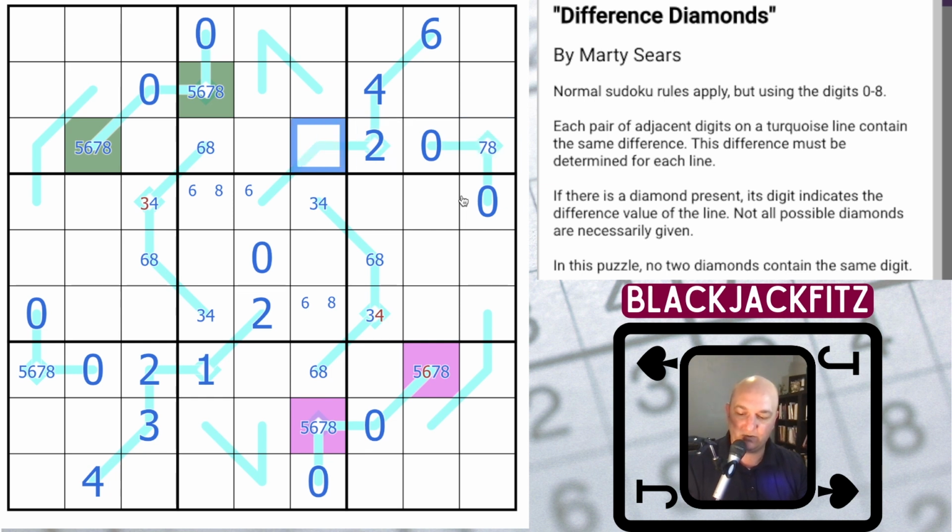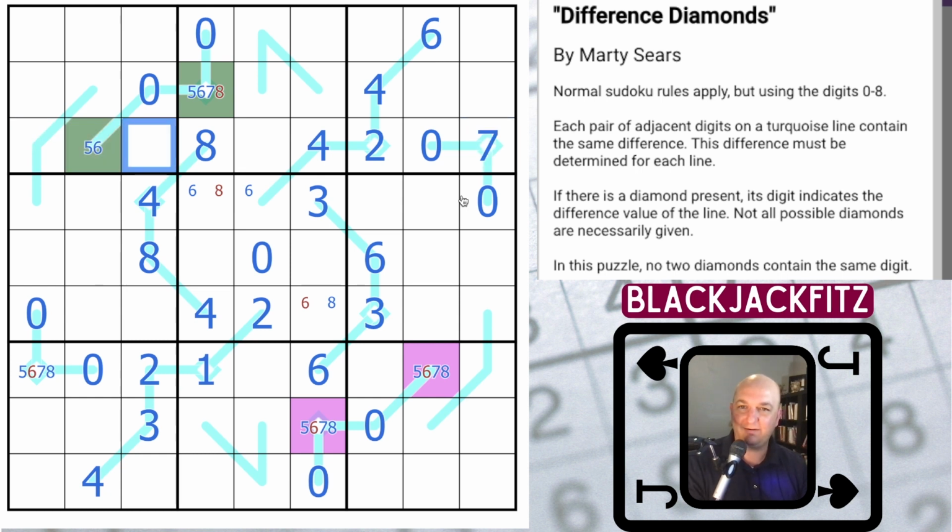This can't be 0, so we're looking at 4 here. 3, 6, 3, 6, 4, 8, 4, 8. Righty. This now is a 7 by logic. 7, 8. How did I have this down so far?